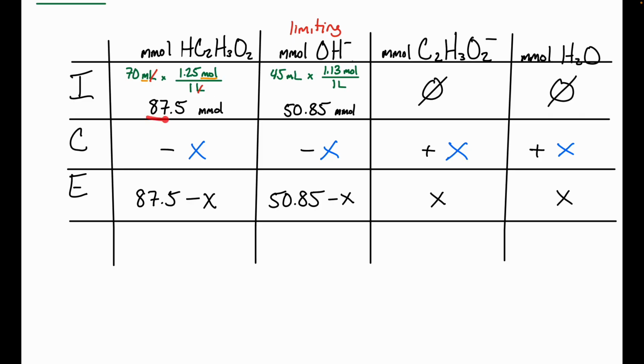How much of this weak acid versus this strong base I have. I know that all of that limiting reactant is going to be consumed, meaning my value for X must be that 50.85. All right, so this is what we called our ICIS table, where you have this little solve box at the bottom here. We solve for that value of X and then plug it in across the board here.